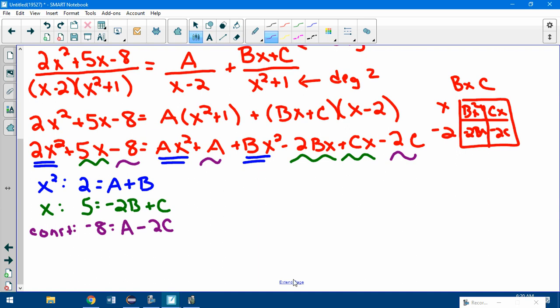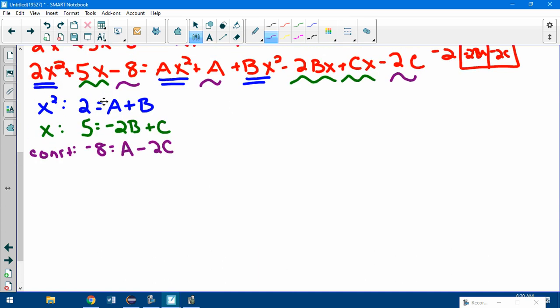Okay, well, what do we have? That's 3 equations with 3 unknowns, a, b, and c. How can I solve 3 equations with 3 unknowns? You can solve a big long system of equations, or you can use matrices. So let's say this is my A column, this is my B column, this is my C column.